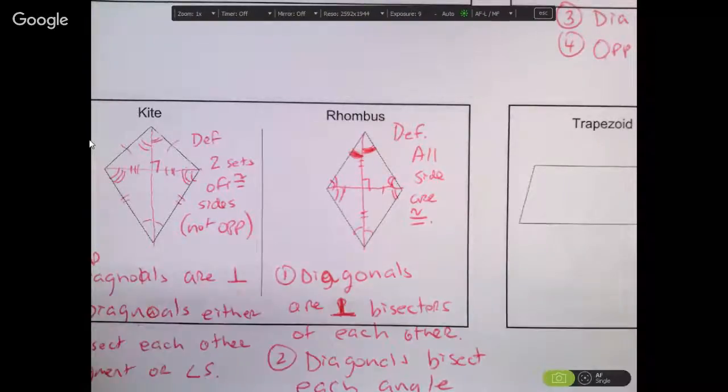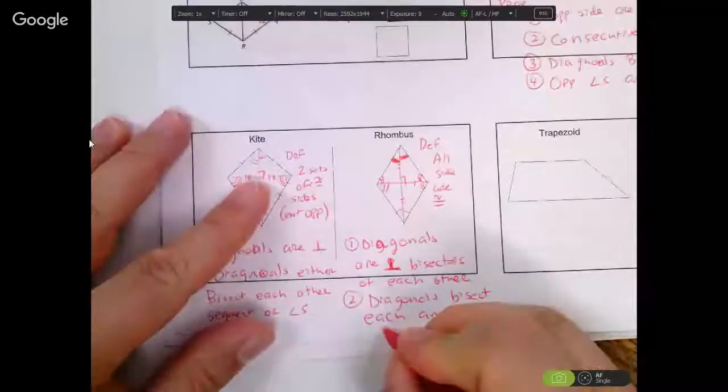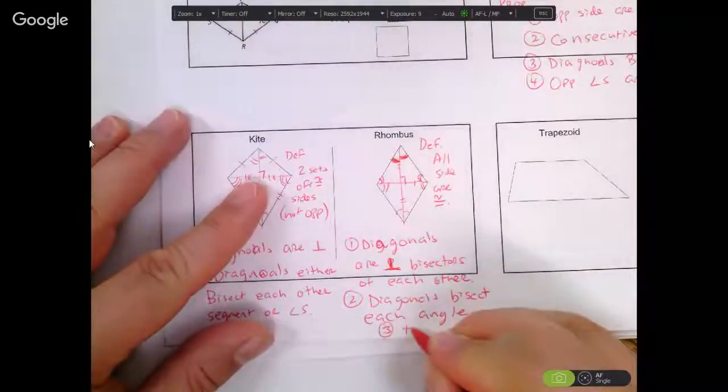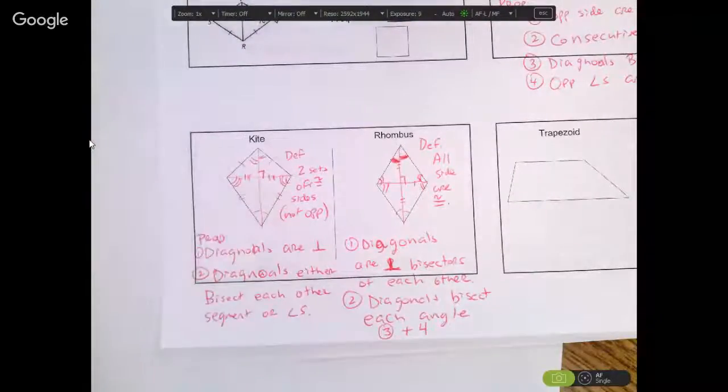So I'm going to write for this rhombus, the third thing is plus 4. What do I mean? Because it's a parallelogram, I can say this rhombus has opposite sides parallel.